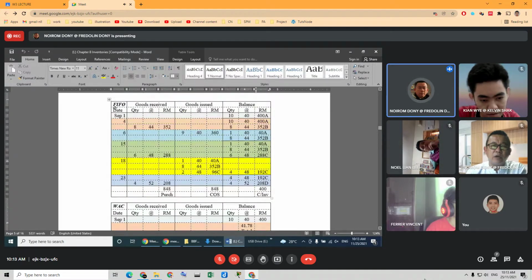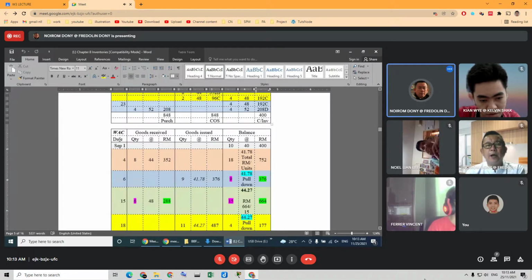Then the following columns are goods received and goods issued, followed by the last one, the balance column. And each column will have sub columns for Q, P and V. This one also QPV, QPV. This is known as bin card or stock ledger card.